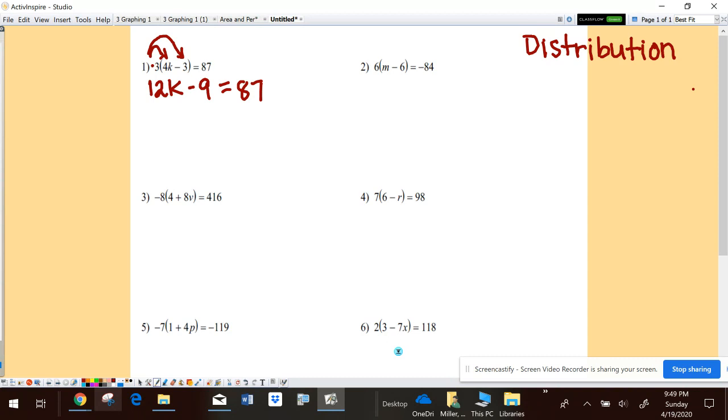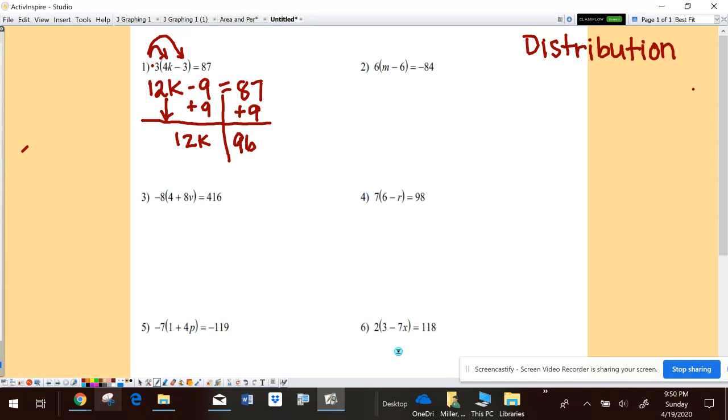All right. What is going to be my first step on this equation? That's right. I need to add 9 to both sides. I need to bring down my 12k. And if I add 87 plus 9 in my calculator, that will give me 96.